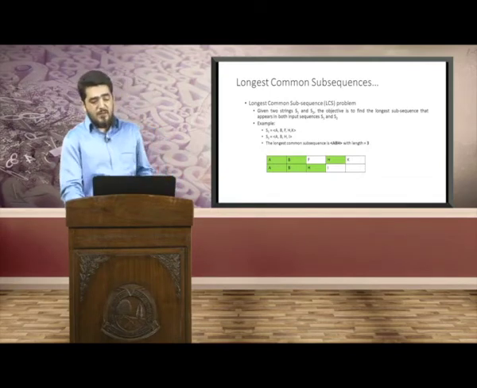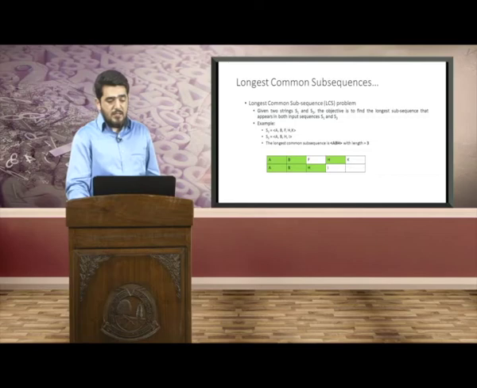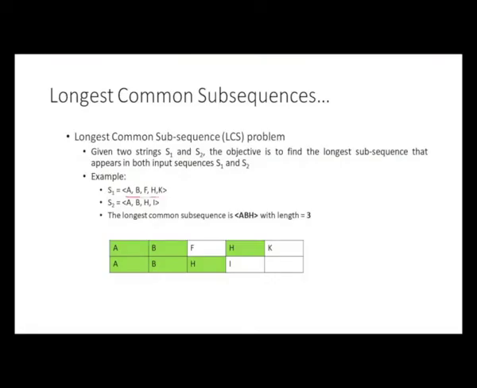So in the example in the slide you can see that let's take S1 to be equal to the sequence A, B, F, H and K. So this is one input sequence, and S2 here is another input sequence A, B, H and I. From the observation you can see that the length of the longest common subsequence in this example is 3.